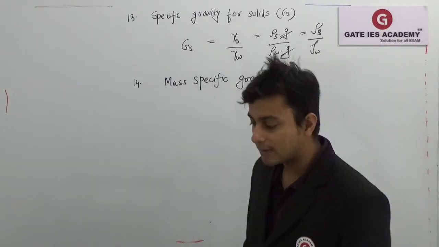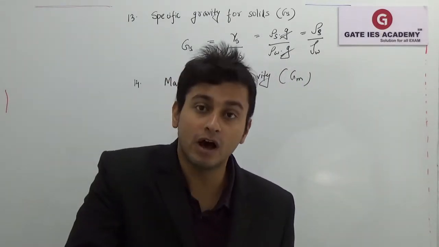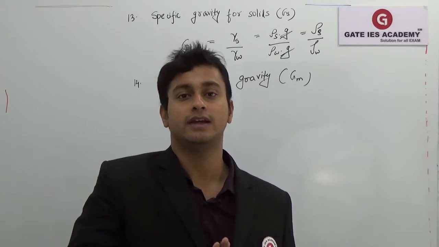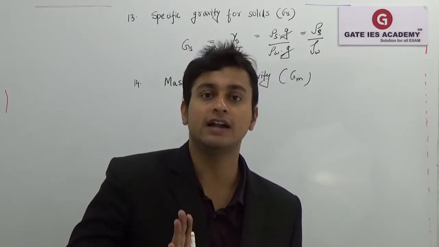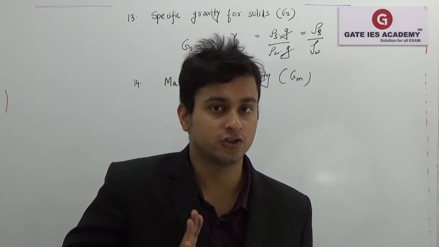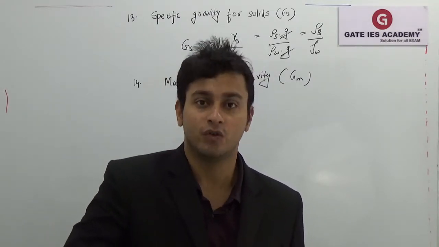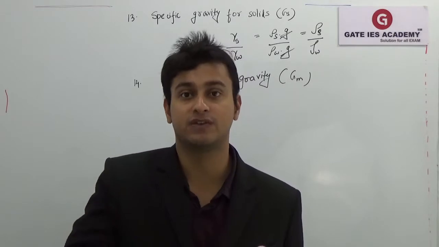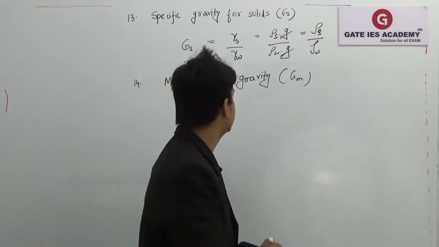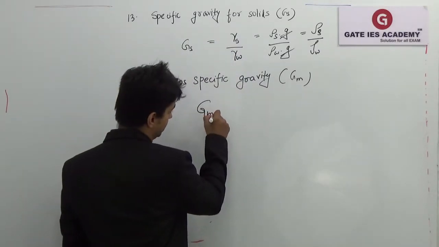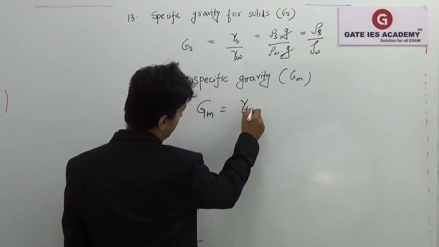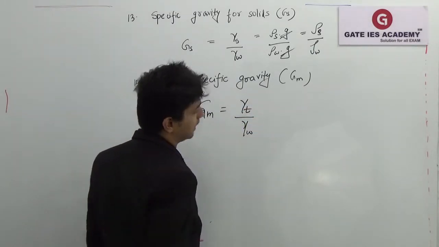So what will be our gamma value? Our gamma value will now be taken as the bulk unit weight. In general condition, we know that we have to use bulk unit weight. So it is very, very important to understand that whenever somebody asks you mass specific gravity, you would take that as GM equal to gamma T with respect to, obviously, gamma W.